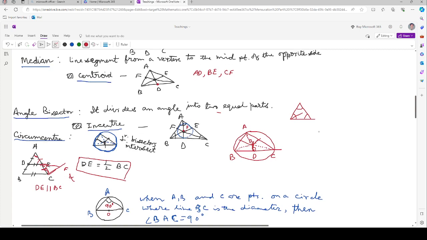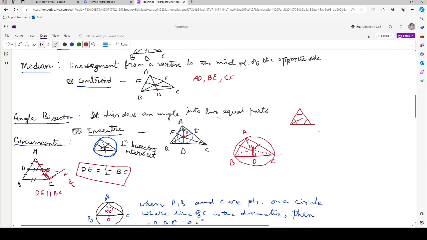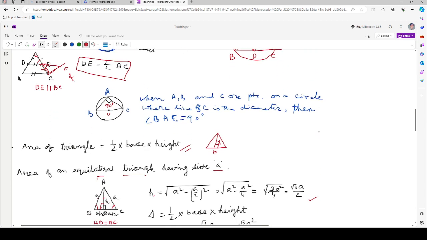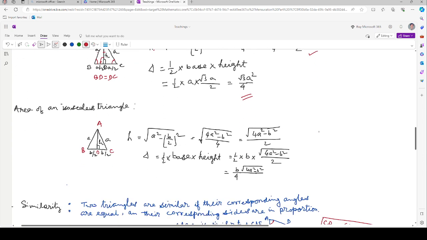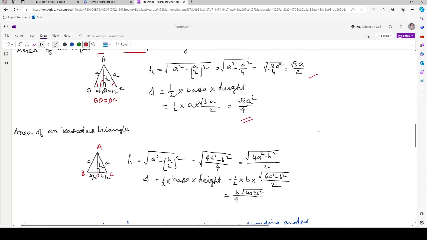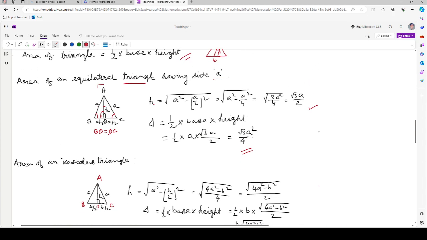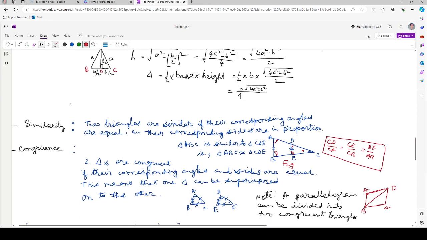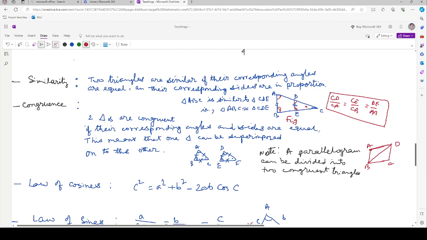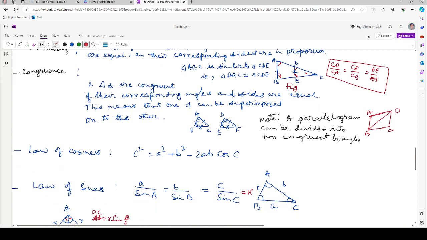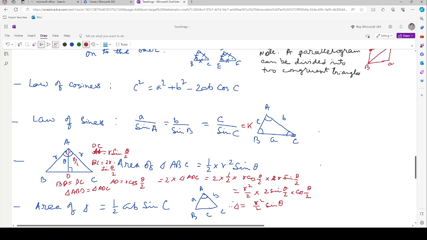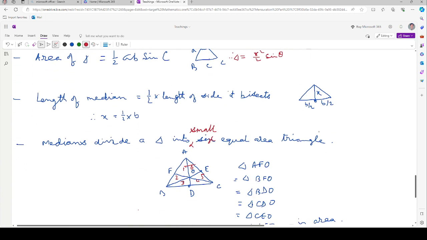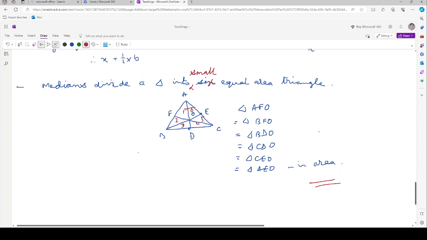These are very important terms regarding triangles, and the area of isosceles triangle as well as equilateral triangle, and the important properties of congruence and similarity of triangles, law of cosines, law of sines. That's all.